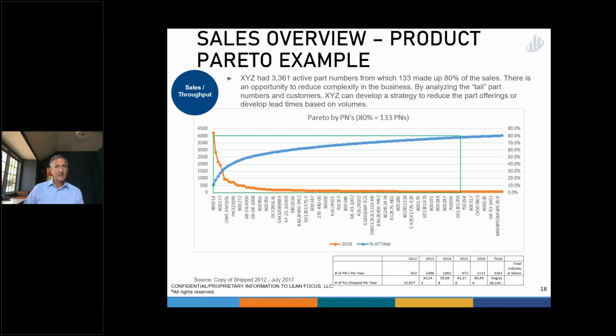Because sometimes there are opportunities there, and that's sometimes where we identify a value engineering opportunity to look at some of that tail and try to move customers into some of the higher volume parts, possibly with some redesign efforts. That can open up a tremendous amount of capacity and actually release a lot of costs that are hidden in servicing those low volume part numbers.